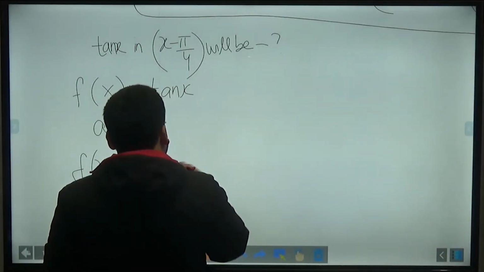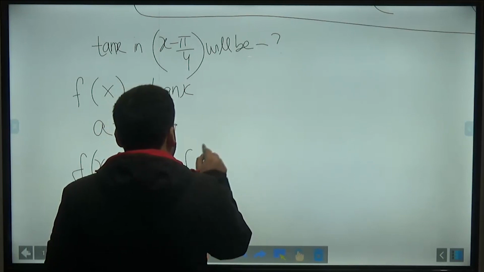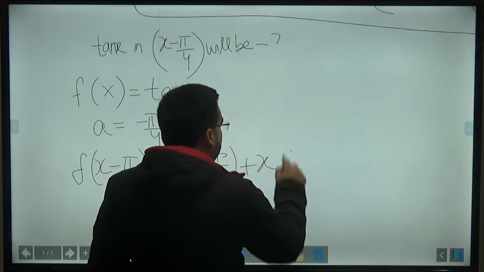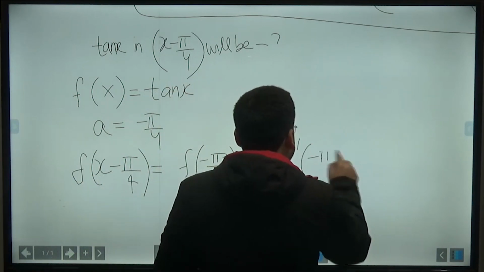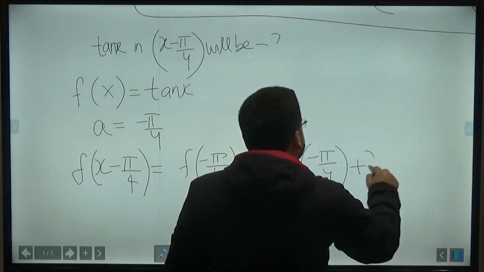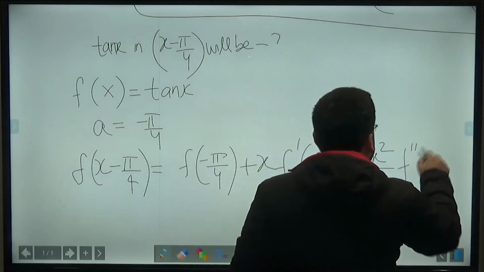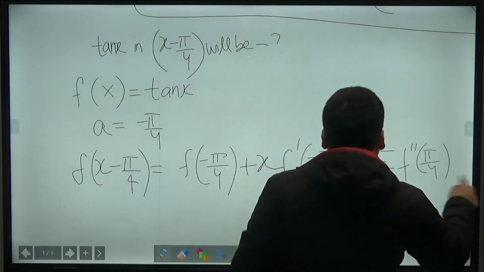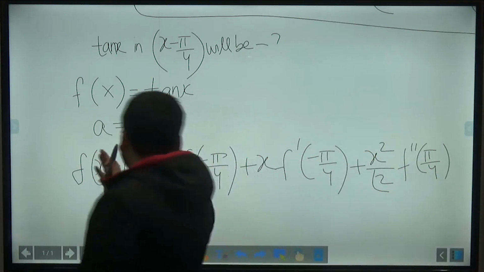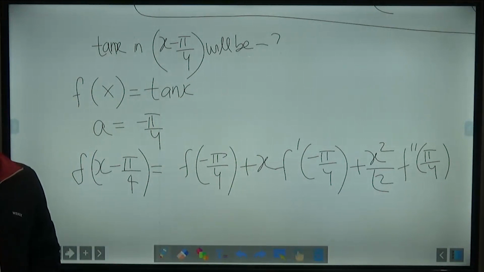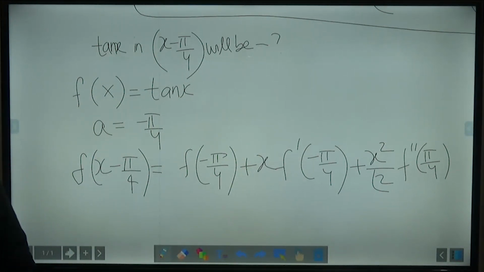It will be equal to f of pi by 4 plus x into f dash of pi by 4 plus x square upon 2 factorial into f double dash of pi by 4 and so on. Clear? And that is how you can expand this particular term.